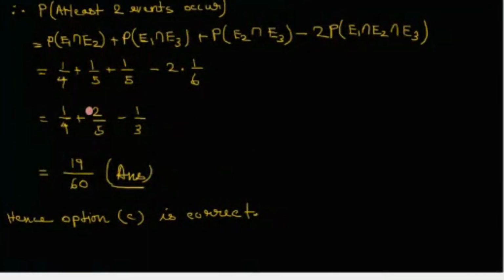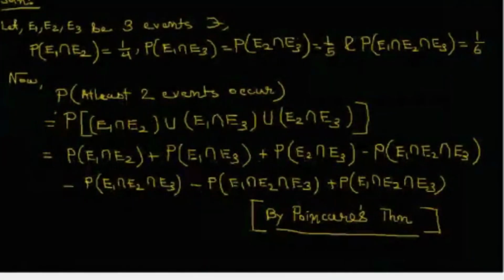Therefore, it is now a simple calculation: the probability that at least two of the events occur is equal to probability of E1 intersection E2 plus probability of E1 intersection E3 plus probability of E2 intersection E3 minus 2 times the probability of E1 intersection E2 intersection E3.